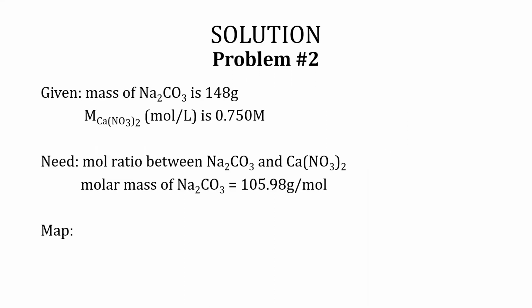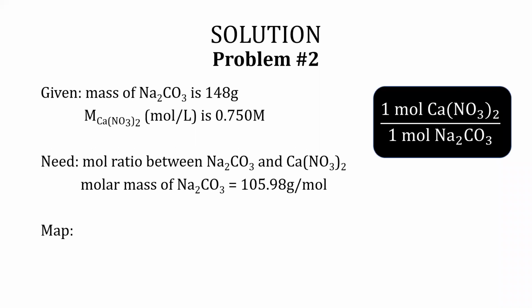It is given that the mass of Na2CO3 is 148 grams. The molarity of CaNO3 is 0.750 molar. One needs the mole ratio between Na2CO3 and CaNO3, which is 1 mole of CaNO3 per 1 mole of Na2CO3, and the molar mass of Na2CO3 is 105.98 grams per mole of Na2CO3.